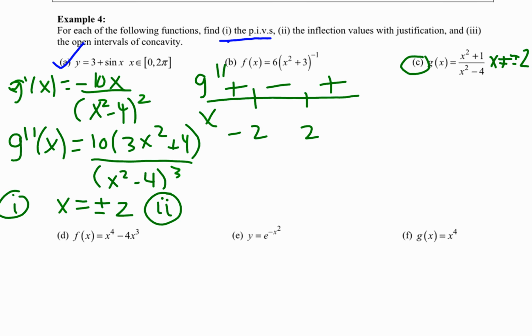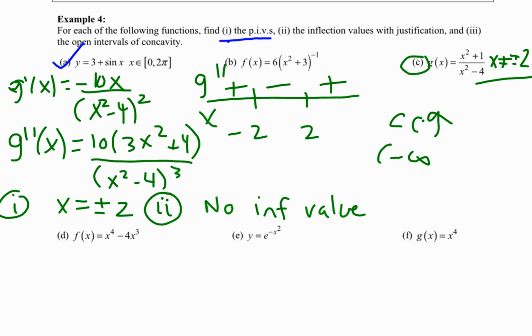Now for part 2, there are no inflection values because although the signs change at positive and negative 2, they aren't included in the domain. Then part 3, g is concave up like a cup from negative infinity to negative 2 and also from 2 to infinity. And g is concave down like a frown on the interval between negative 2 and 2.